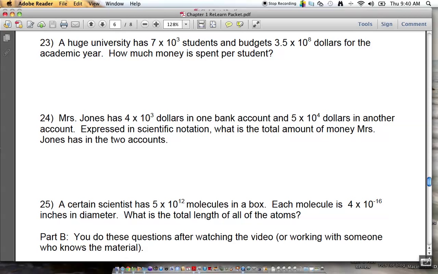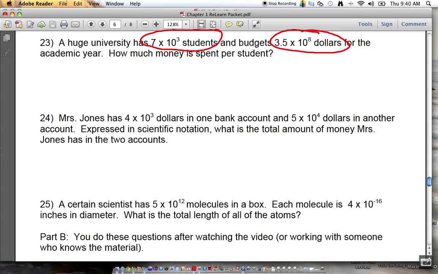Now, we saw this question on multiple do-its before the test. I think we saw this on 4 different do-its before the test. So, let's go through step by step and see what we come up with here. Notice this, a huge university has that many students, and it budgets this many dollars for the academic year.